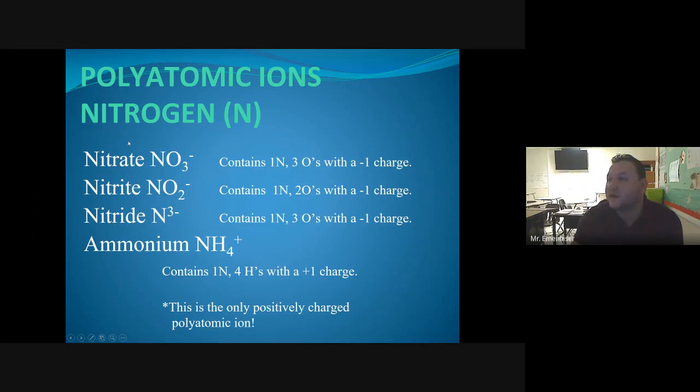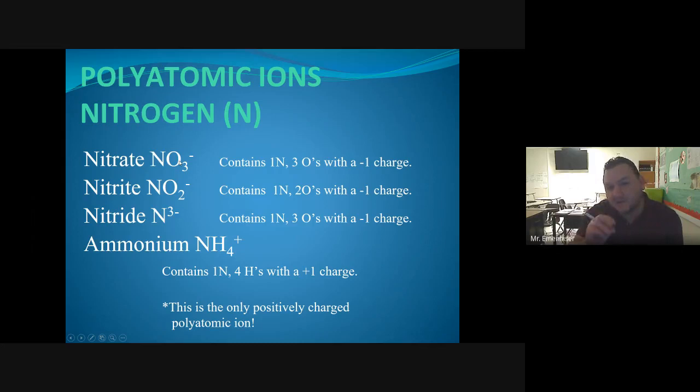So here's a list of polyatomic ions that have nitrogen in them. There's nitrate, nitrite, and nitride, and ammonium. And here's the descriptions of each. Notice that if it says NO3 with a minus, that's the way that the ion looks. What does that mean? 1 nitrogen, 3 oxygens, and a -1 charge. The 3 is not for the charge. Notice that the 3 is a subscript.